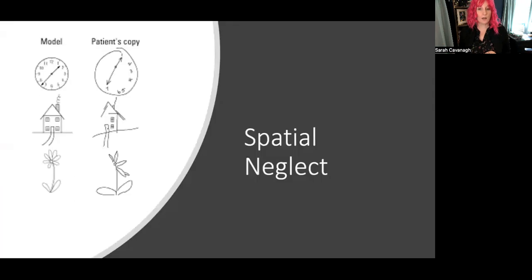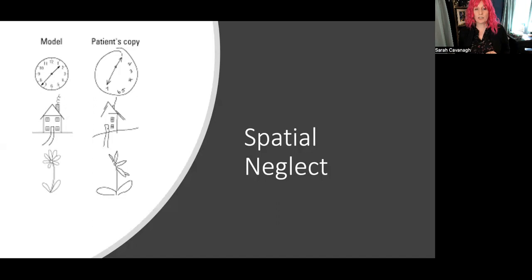An interesting phenomenon that can happen if you have damage to the parietal lobes is something called spatial neglect, where if you have damage, especially to the right parietal lobe, often through stroke, you stop attending to the left side of space. It's not that you can't see the left side of space. If I direct your attention there, if you move your head, you can consciously see the material, but you neglect it, you ignore it, you don't pay attention.